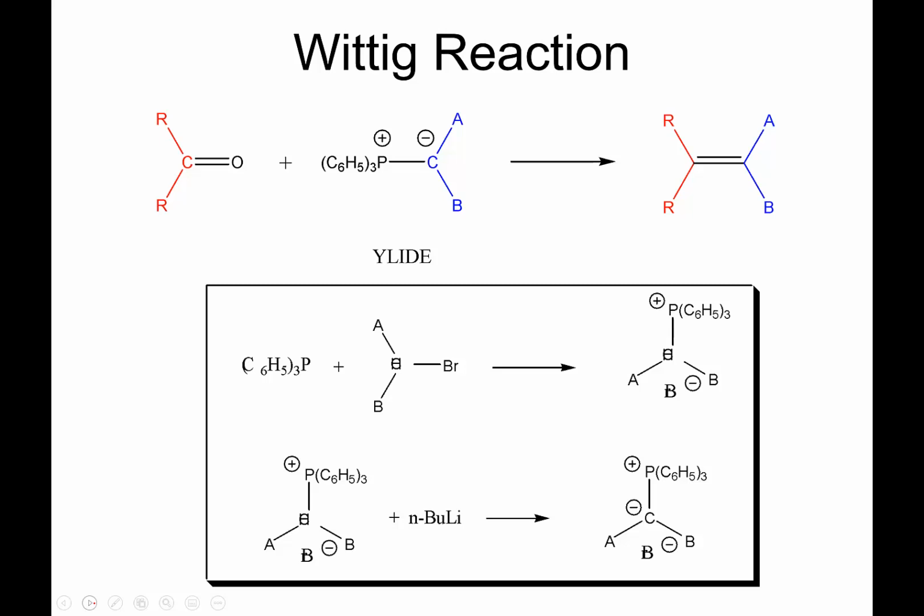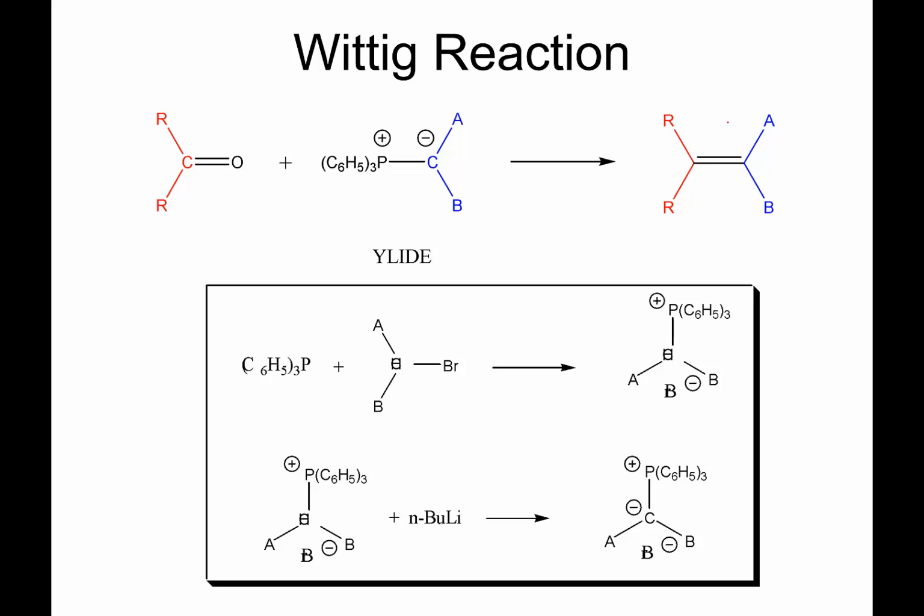Okay, another reaction of aldehydes and ketones is a fairly important one. It is called the Wittig reaction. In German, W is a V sound. I believe it's George with no E on the end of it, Wittig. And this reaction allows us to take a carbon-oxygen double bond and form a carbon-carbon double bond out of it.